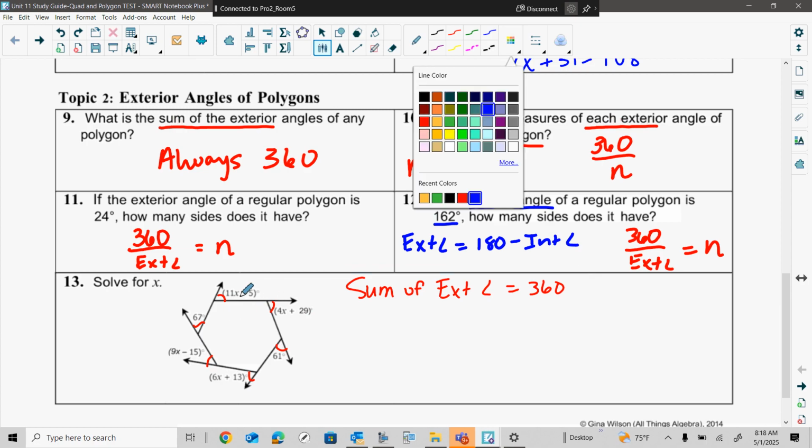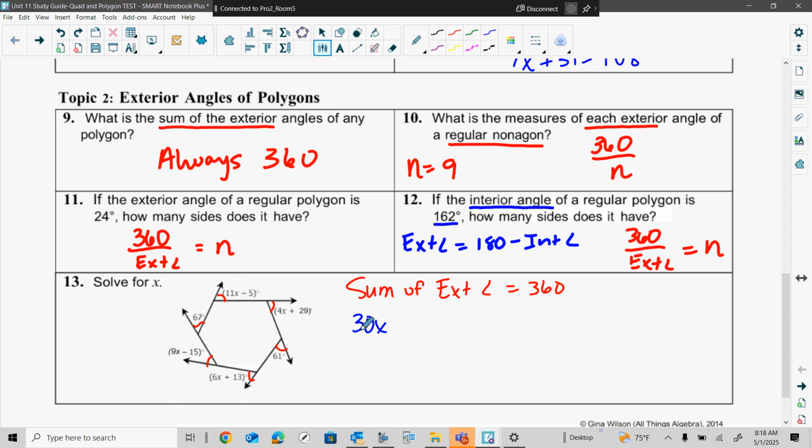So I'll just combine my x's. That's 11, 5, and 6, 9. That's 30 x's. Let's do it this way. That's negative 20. So that's 30x minus 20 equals 360. Now you're solving for x.